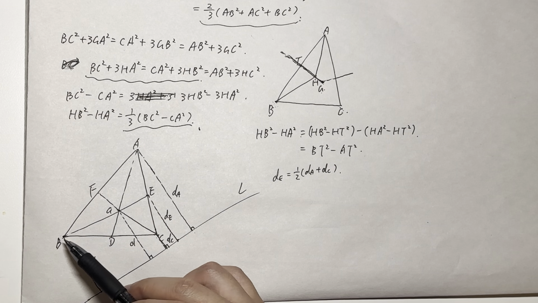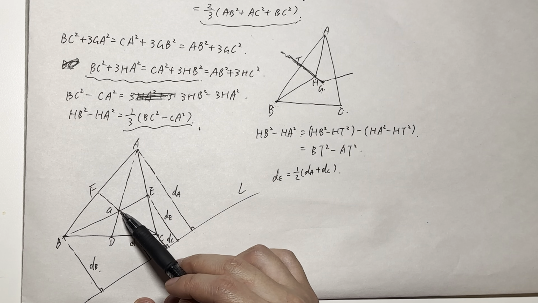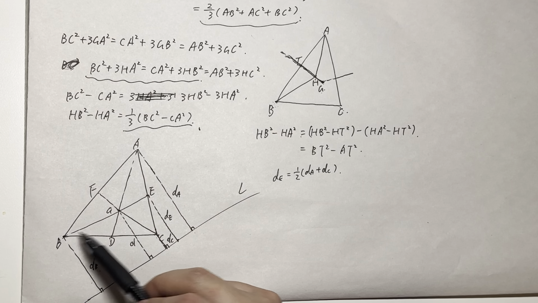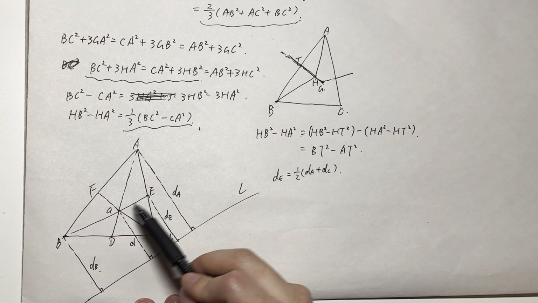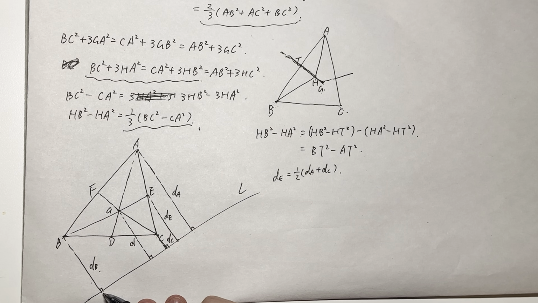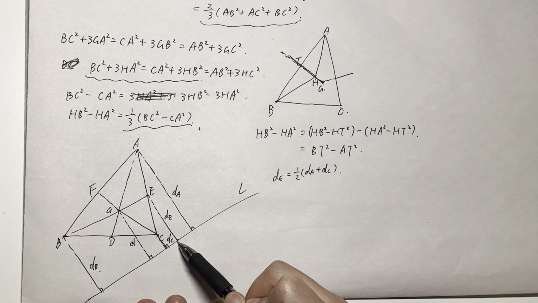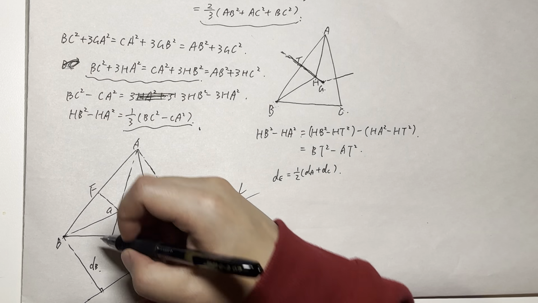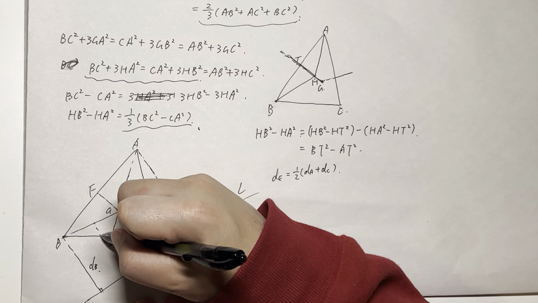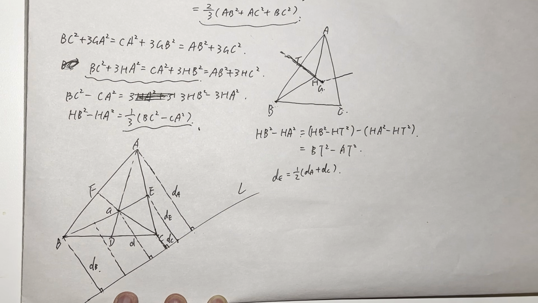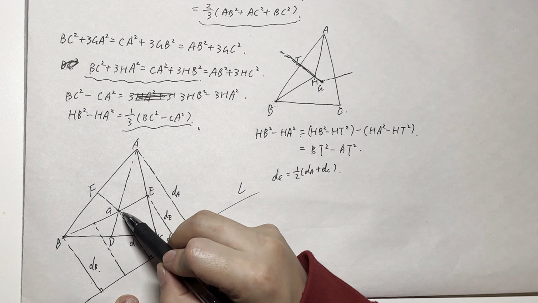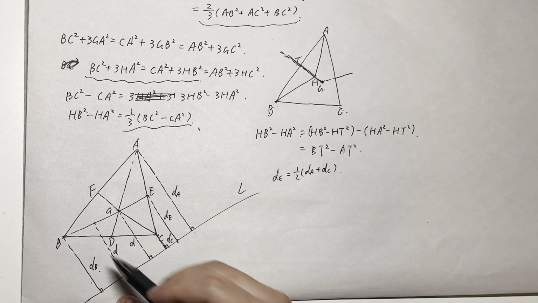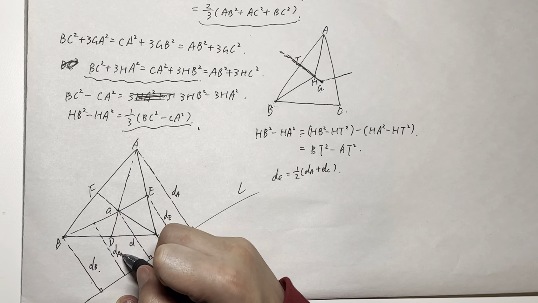And because BG to GE equals 2 to 1, that means this distance to this distance is 2 to 1, right? So we can draw another point, the midpoint of BG here. This is an auxiliary line, so we call it AUX.